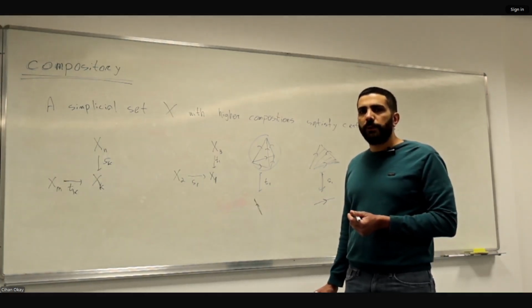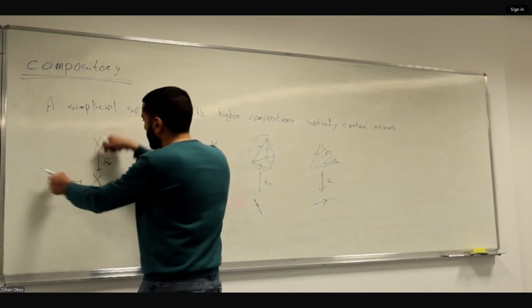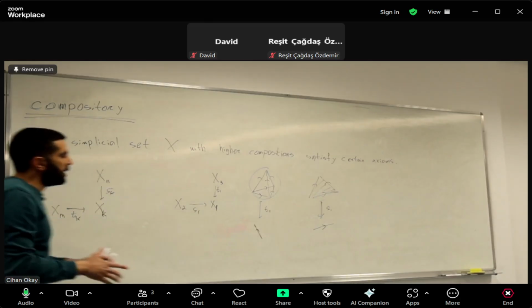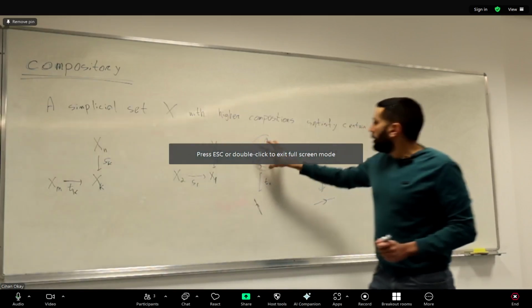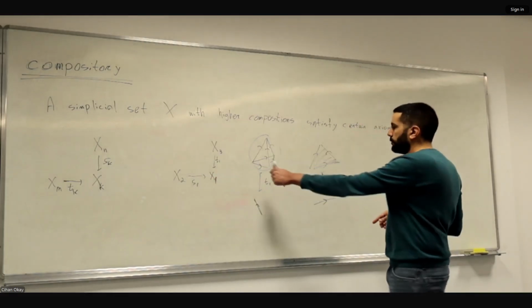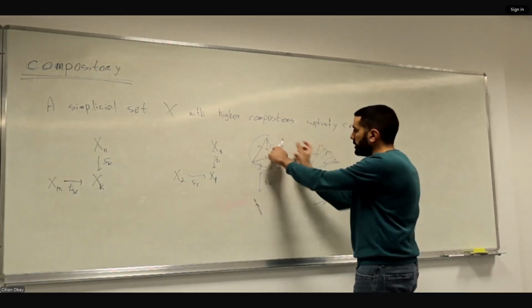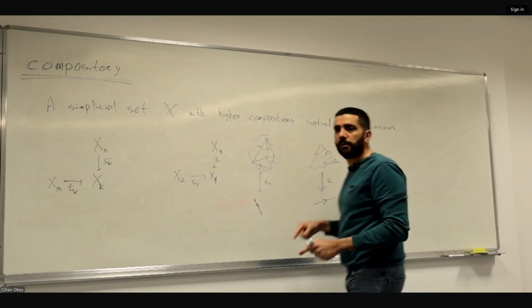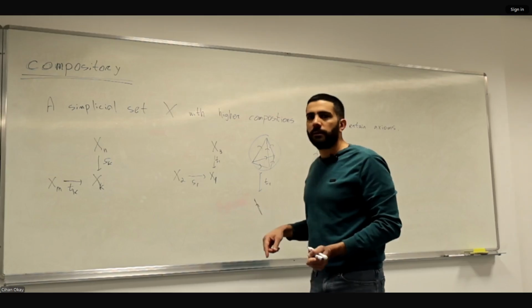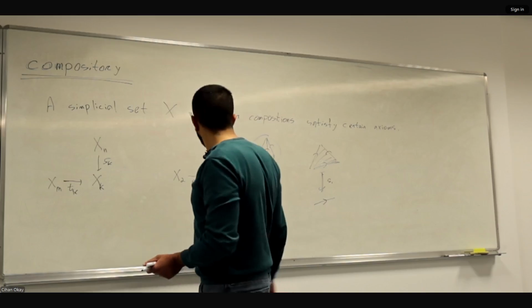These two maps. If we have these two maps and two elements coincide, say I have some pyramid, something in X3 and something in X2, and the end of this is equal to the beginning of this, then they coincide.